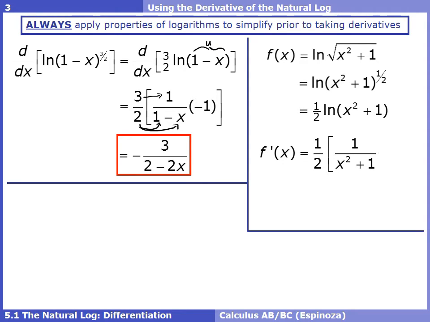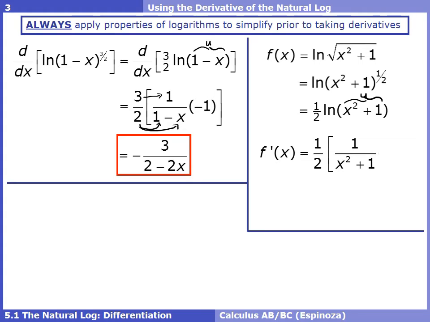Once we do that, we've used all the properties that we can apply, and now we can take the derivative. That constant of 1/2 will stay in the front. And then here, it's the derivative of stuff. It's not a plain x, so this x squared plus 1 is our u. So the derivative of ln u is 1 over u, so 1 over x squared plus 1.